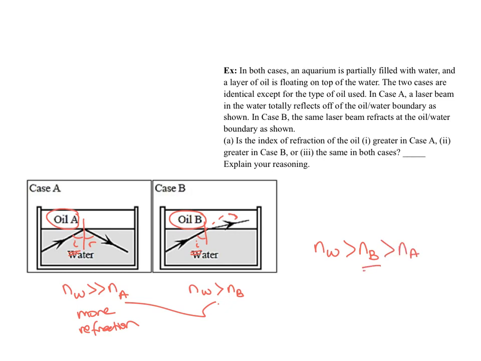So B has a greater index of refraction. Don't forget, as the difference of the indices of the mediums gets bigger, there will be more refraction.